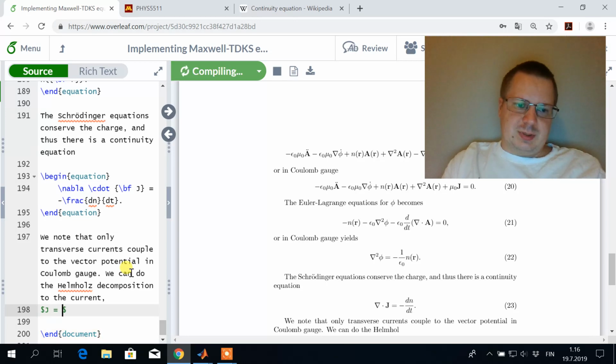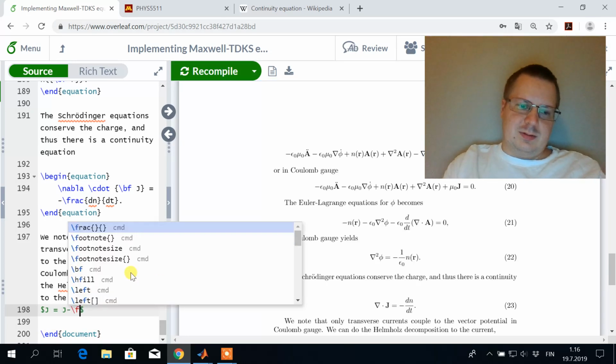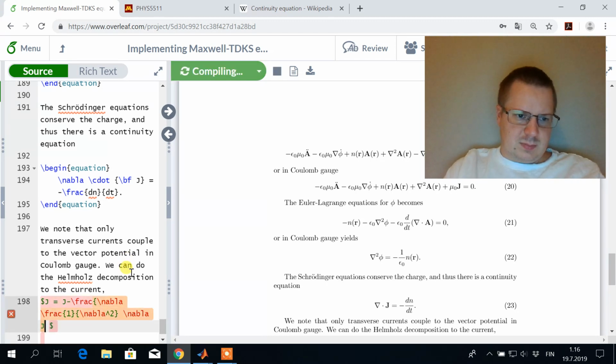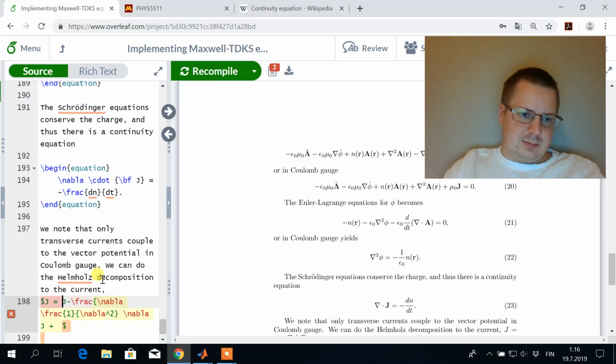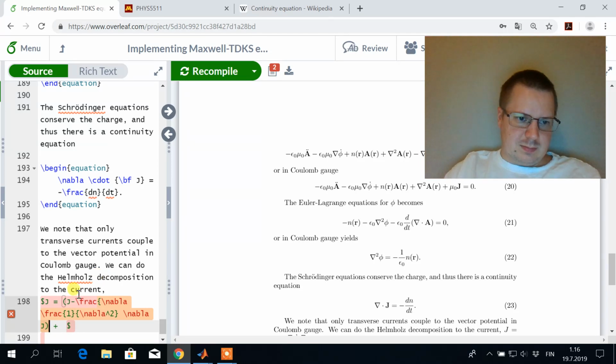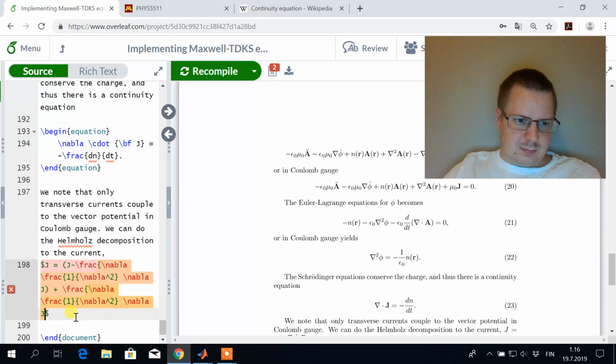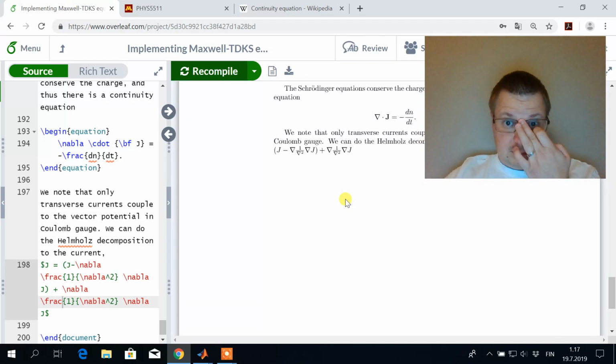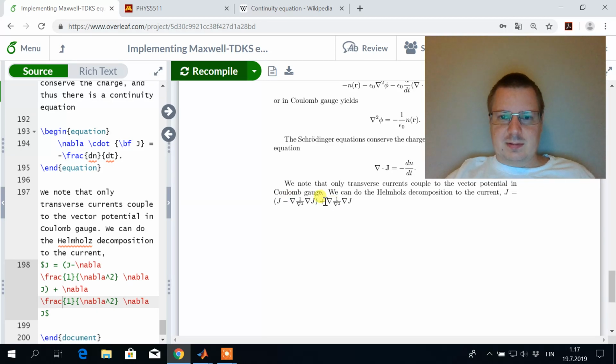So the current becomes J minus nabla of the inverse Laplacian nabla dot J, plus nabla of the same. So this one is the longitudinal part.